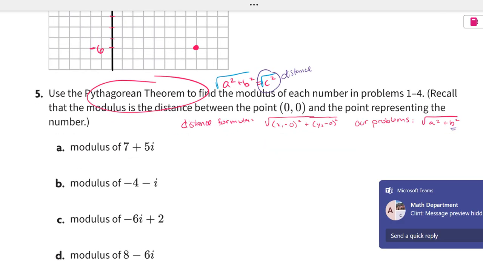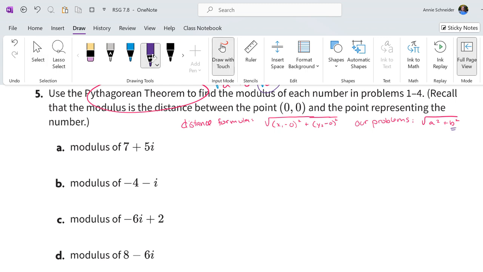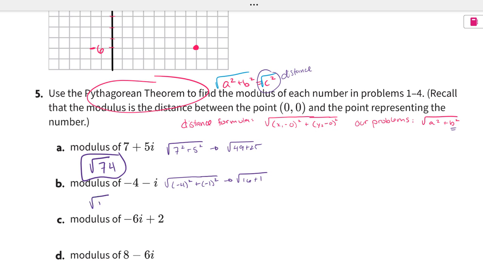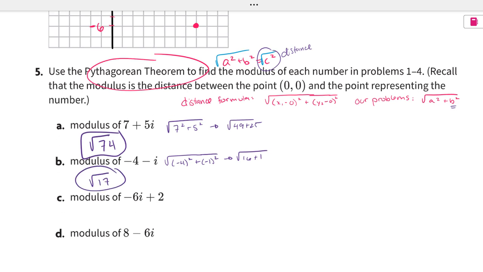So for part A, I'm going to do the square root of 7 squared plus 5 squared. Well, that gives me 49 plus 25, or the square root of 74. Okay, here we can do -4 squared plus -1 squared. So we get 16 plus 1, or the square root of 17.